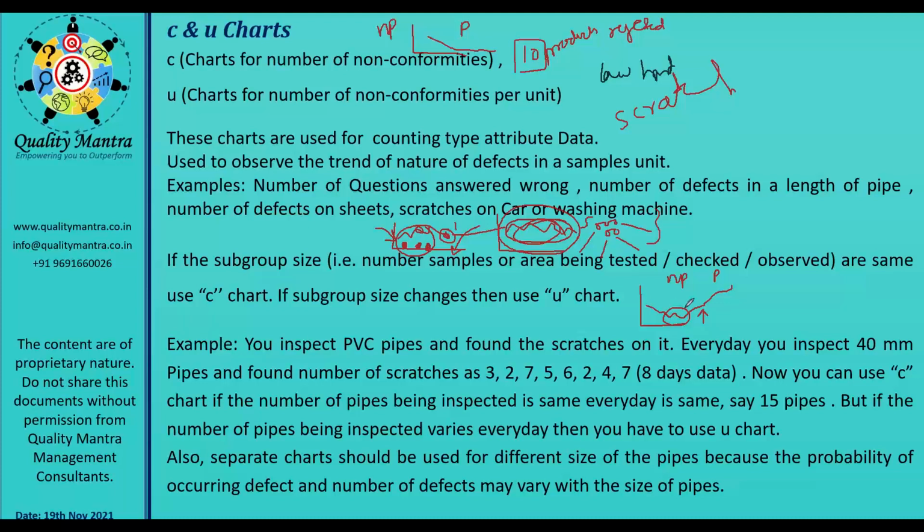People are not following the standard. That's why again the defective rate is increased. So this is how you are going to use NP and P chart to monitor whether these actions you have implemented are being followed properly, or if there is some new kind of defect causing these non-conformances.